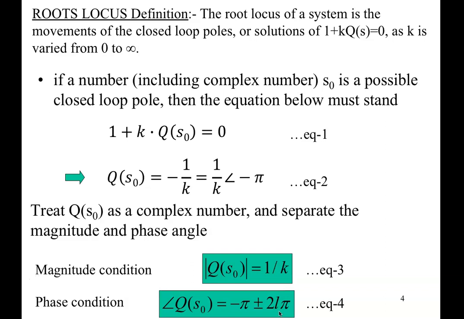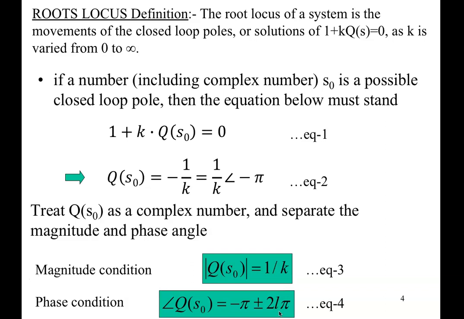So we are going to rely on these two conditions. First of all, to find all the possible poles for the closed loop from the open loop transfer function Q(s) using the phase condition. So we're going to use the phase condition first.